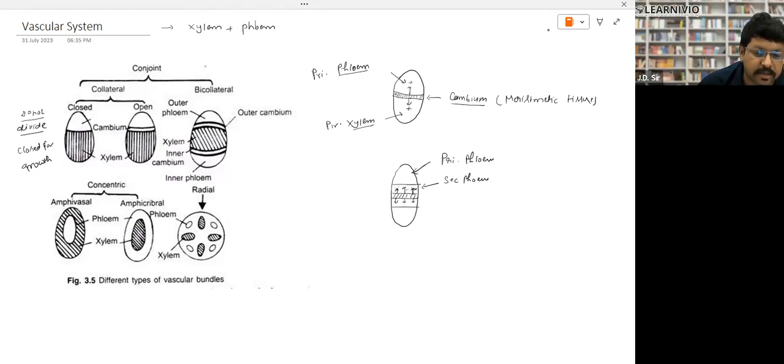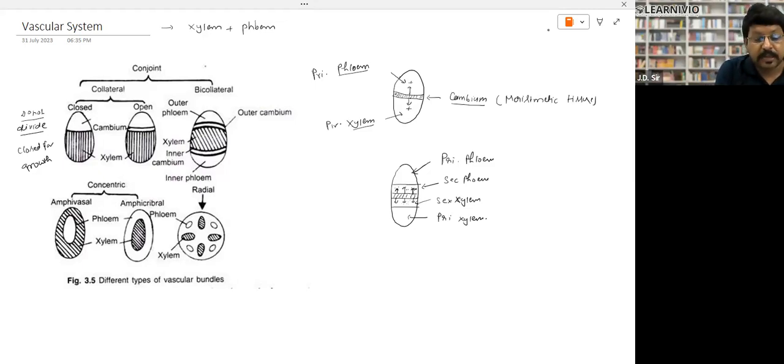When it divides at this end, it will form secondary xylem. Here it is primary xylem. So primary xylem, secondary xylem, primary phloem, and secondary phloem. When the cambium divides, it gives rise to this kind of xylem and phloem. Clear?